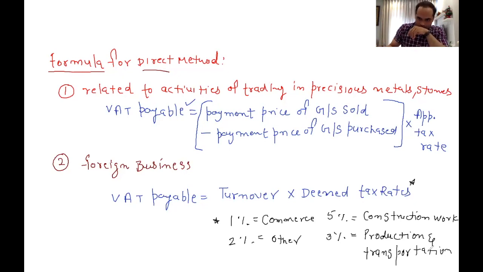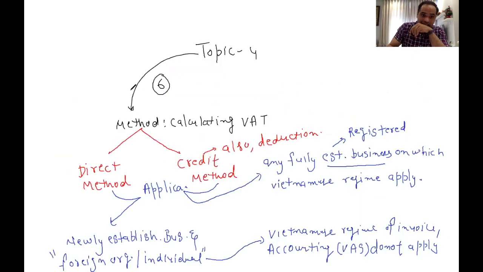I think one thing I forgot to cover in the previous slides: we talked about the direct and credit methods, right?